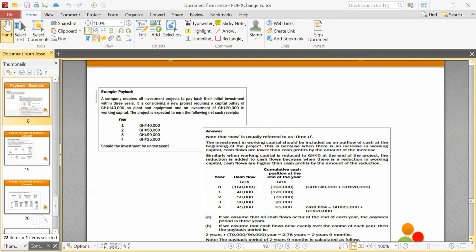So at the beginning of the year, the project, you need that investment in working capital. Now that working capital goes into the business. You use it to run your business, but at a point it gets exhausted, or you need to turn it around.